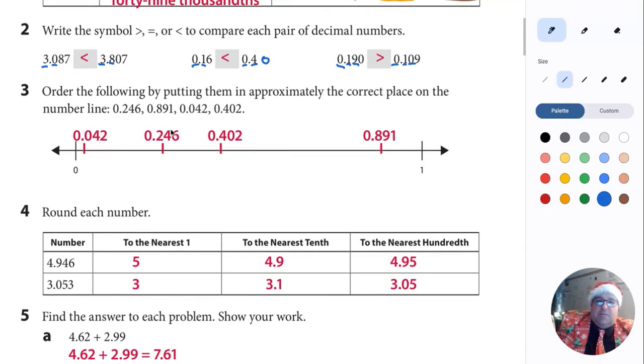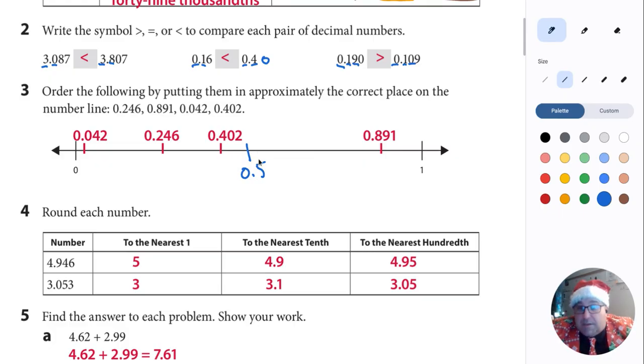Next, we have to put these numbers in order on our chart here, on our number line. So 0 down here, 1 whole here. In class, one thing we also talked about is I can cut this in half. So half would be right around maybe here. So we know that's 0.5. So if you were starting this, maybe putting where half is, just to help line you up.